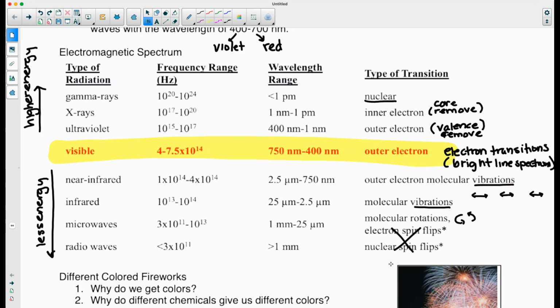These are not things that we need to be concerned with. So basically, as we have lower energy radiation, it can cause less movement. Higher energy radiation can cause more movement of molecules, more movement of electrons, and the highest energy can change the nucleus of the atom and remove inner electrons. As we have more energy in the radiation, it is able to do things that would require more energy.